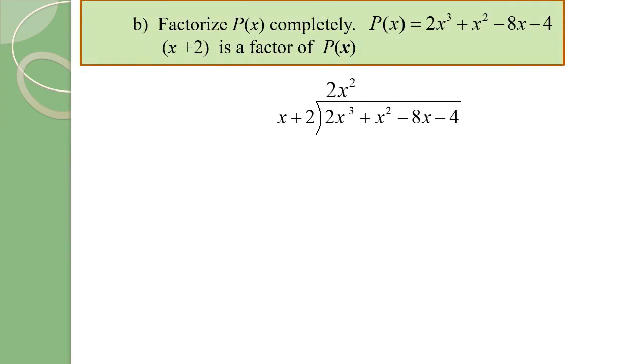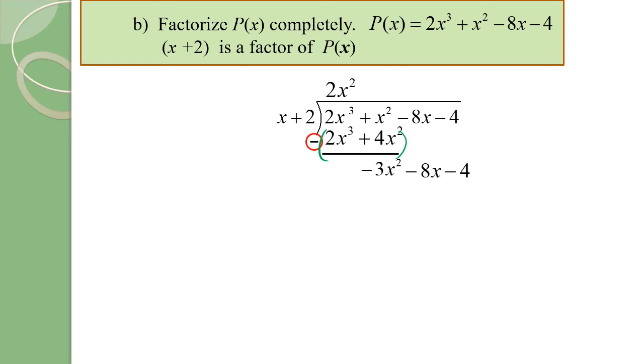So long division here, to get 2x cubed from x, we have to multiply by 2x squared. So we have 2x cubed plus 4x squared. So subtract this. So we have 0, and then negative 3x squared. So bring down negative 8x minus 4.